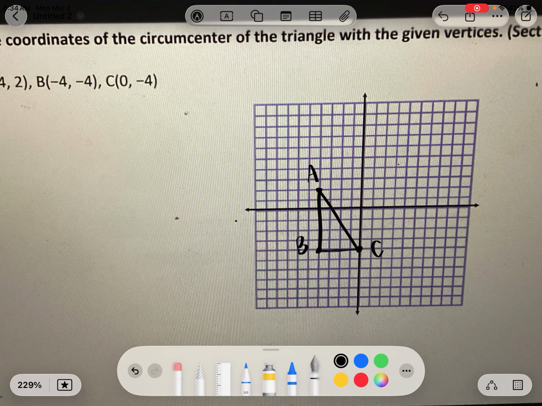Okay? So a perpendicular bisector is going to cut the side in half and make a 90-degree corner. So when I do that, I'm going to go halfway between A and B. So if I just count, it's 1, 2, 3, 4, 5, 6 spaces. So halfway between would be 3. And then I make a perpendicular line.